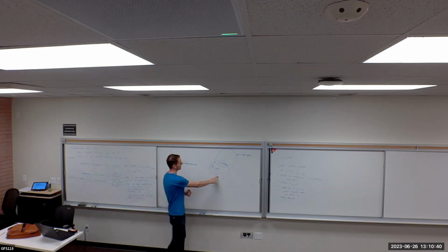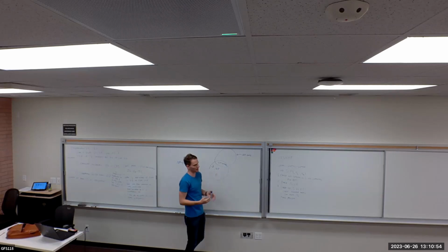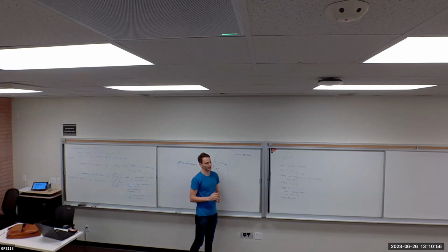No matter what, P is a subset of NP, because P is things that are efficiently solvable, NP is things that are efficiently verifiable. So inherently, if you can solve it efficiently, then you can definitely verify a solution.